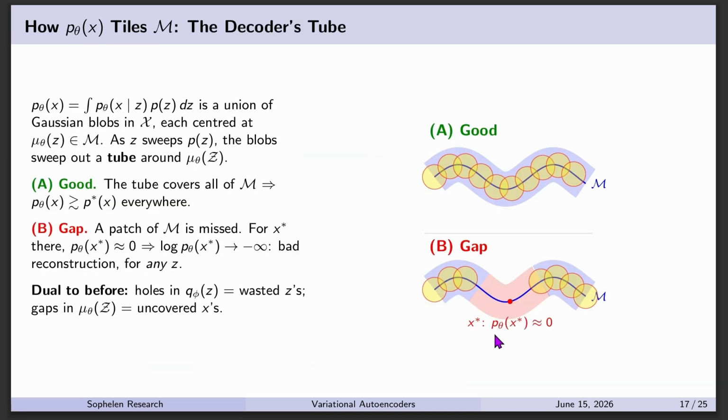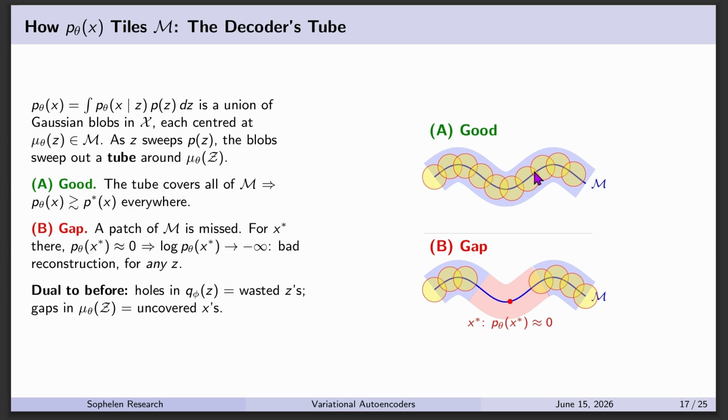Now on the other hand, the decoder needs to send each z to a Gaussian blob in such a way that it should cover the data manifold, right? These Gaussian blobs live inside the ambient space, and overall there should be no gap in the data manifold. Notice that for tiles on the data manifold, we choose them to be of equal size.